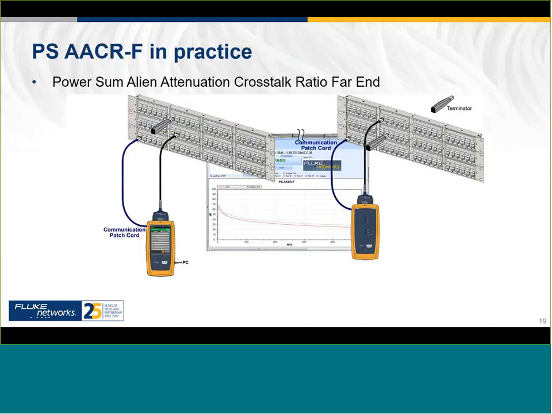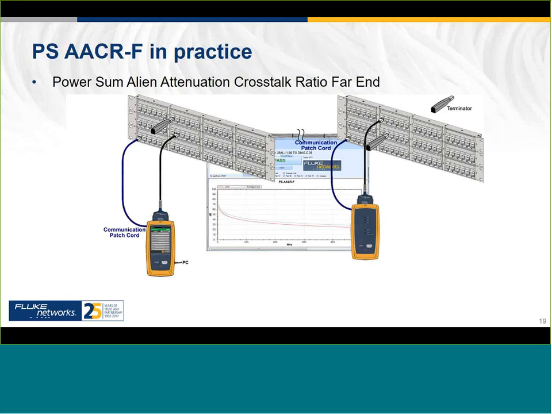Here is our power sum alien attenuation to crosstalk ratio far end measurement. We have our DSX8000 near end. As you can see, we have our permanent link connected to our victim link. Our DSX8000 remote is at the far end, connected to the first disturber.